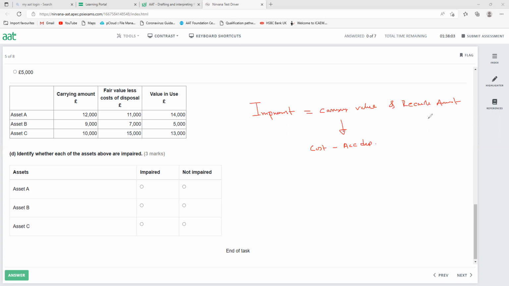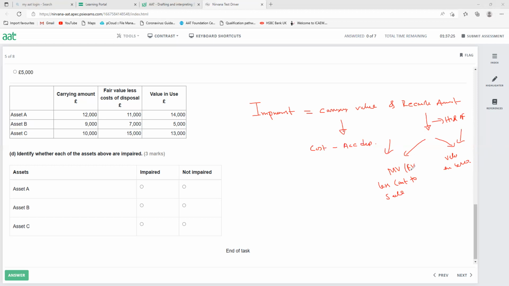And the recoverable amount means 2 things. 1, market value or fair value less cost to sell, and 2, value in use. And recoverable amount is the higher of the two. So between these two, we take the higher one, and this one we call recoverable amount.